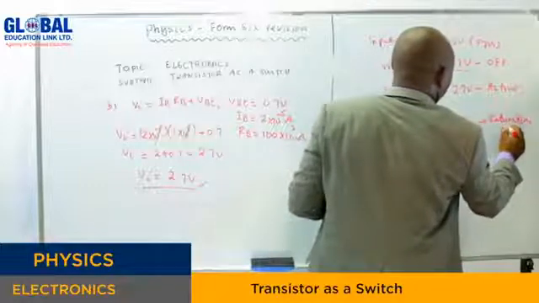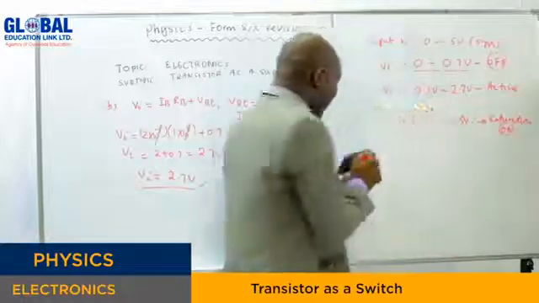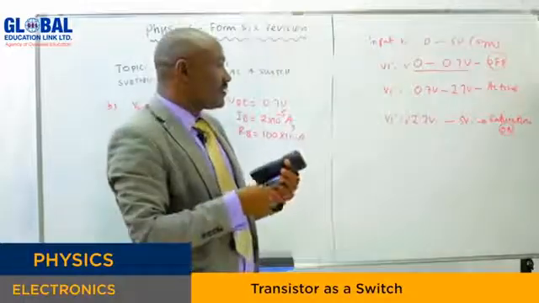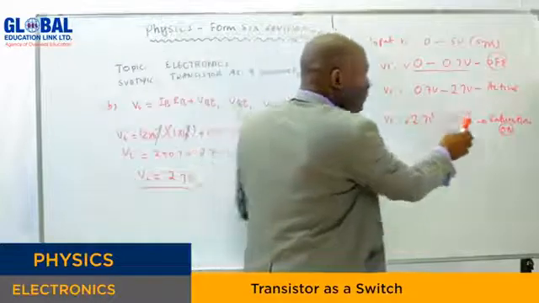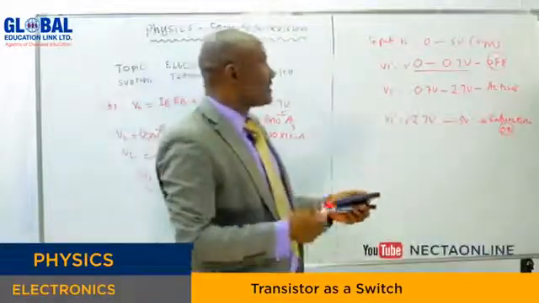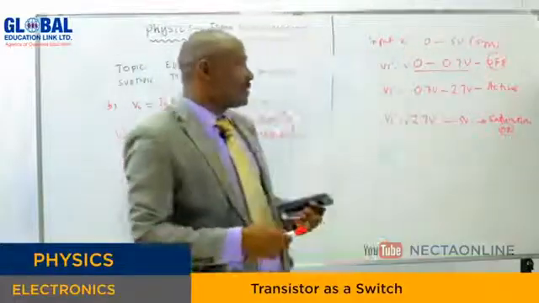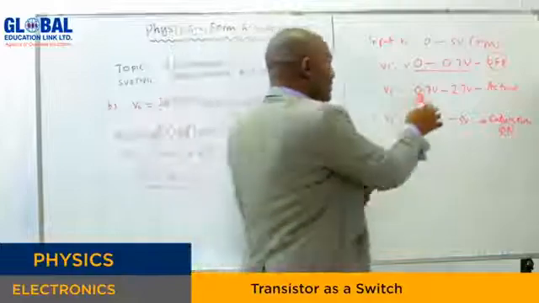So this is the on, off. According to the question, the transistor is supposed to be on when the input voltage is from 2.7 to 5 volts, and off from 0 to 0.7, but in the active region when it's in between.